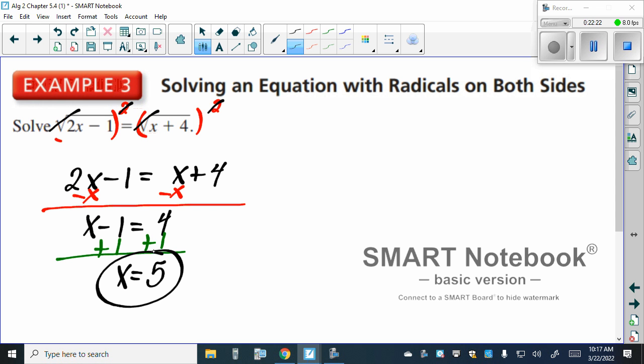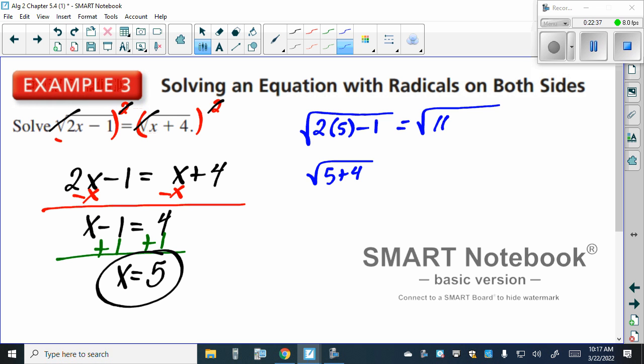Now again, we can check to make sure that we do have the correct answer. Because we can say 2 times 5 minus 1 and compare it to square root of 5 plus 4. Well, 2 times 5 is 10, and 10 minus 1 is 9.